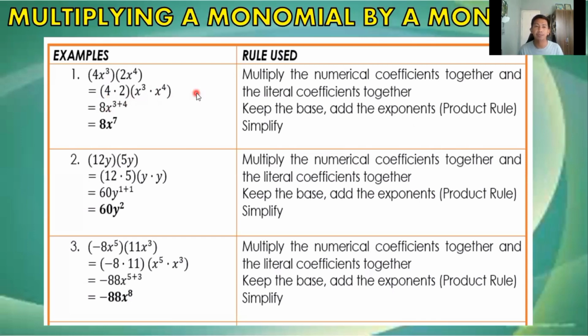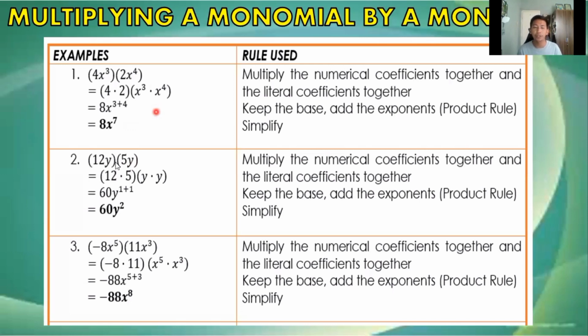We have 3 plus 4, that will give you 7. Therefore, the product now is 8x raised to 7. See to it that you have simplified the given expressions or polynomials in their simplest form. Next, number 2: 12y times 5y. Still, we are under multiplying a monomial by a monomial.